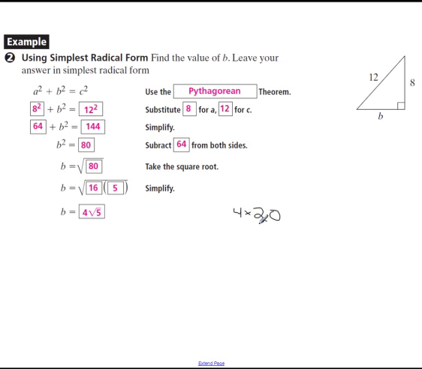And then maybe it's easier to see now that there's another 4 in there, right? So 20 can be rewritten as 4 times 5. And so you have 4 times 4 times 5. Again, these are square roots. That was kind of ugly. Here, let's just move it up a little.